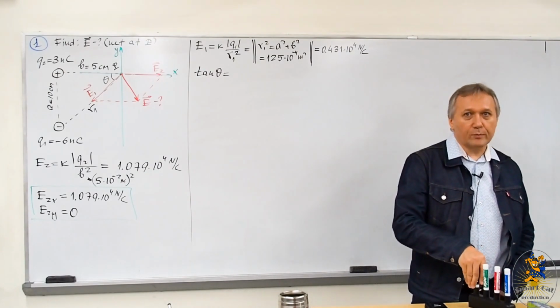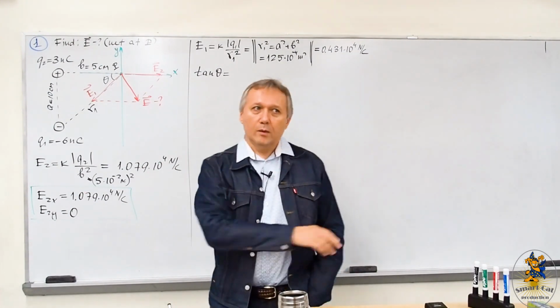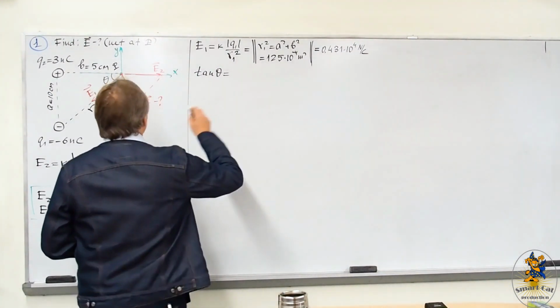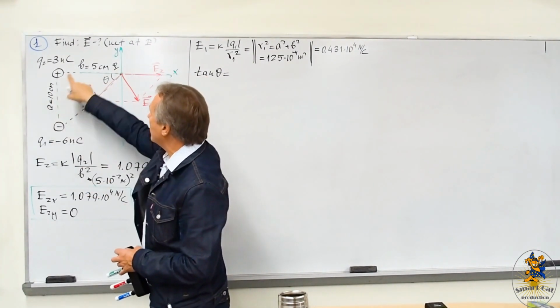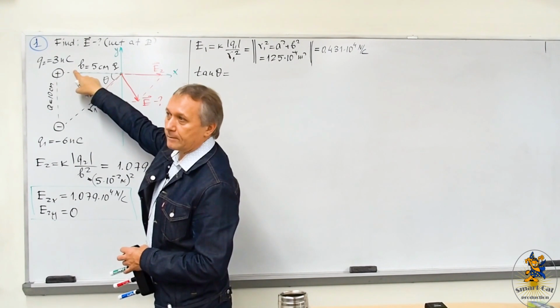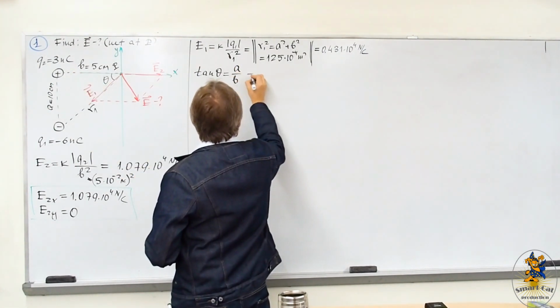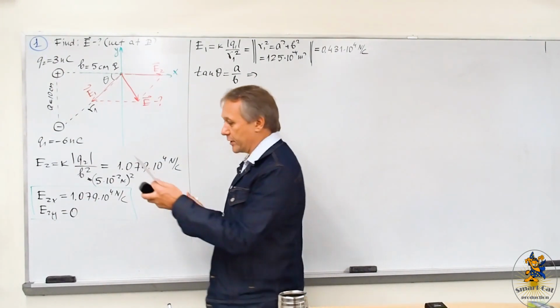It's a kind of big problem among the students, but usually by the middle of the semester, most of the students kind of remember that. So tangent is opposite versus adjacent. Opposite A, adjacent B. Whether you use centimeters or meters, it doesn't matter since you are taking a ratio.